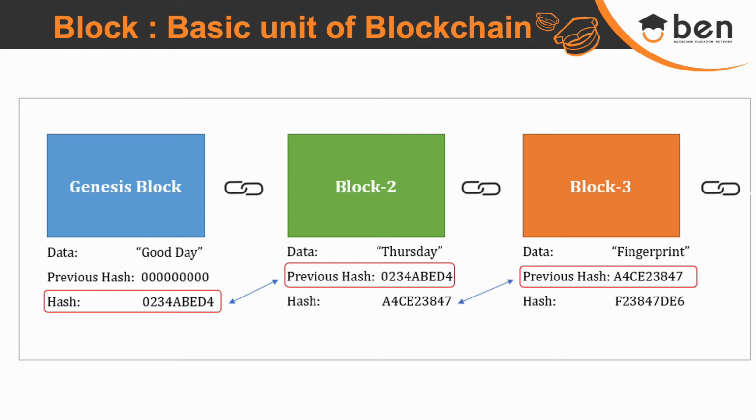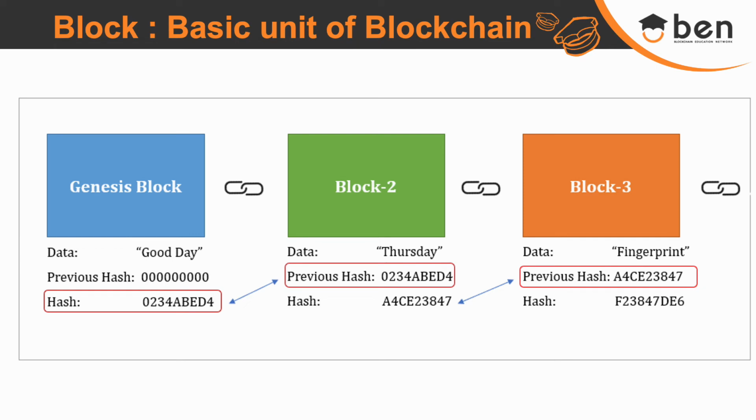Now, imagine a malicious user enters the system and tries to change the data of block 2 from Thursday to Friday. What will happen? The hash value for block 2 would change from A4CE to some other value. Now, block 3 will immediately recognize that the block to which it was pointing no longer exists. So it will raise an alert in the system, and all the nodes would join together to validate the block.